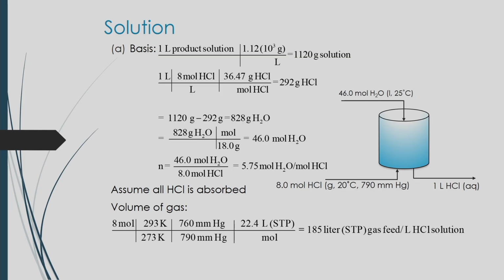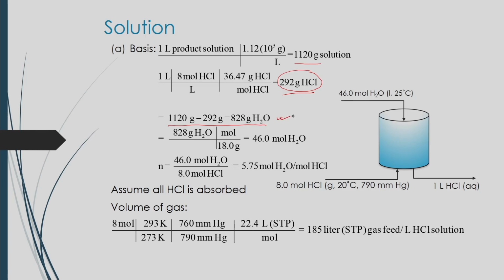So, as per that you can get 1120 gram of hydrochloric acid solution. Now, based on this you can calculate the grams of hydrochloric acid there, since here it is 8 moles of hydrochloric acid. If you multiply it by its molecular weight, then you can get the mass of hydrochloric acid. The remaining amount will be the water, which can be calculated here.